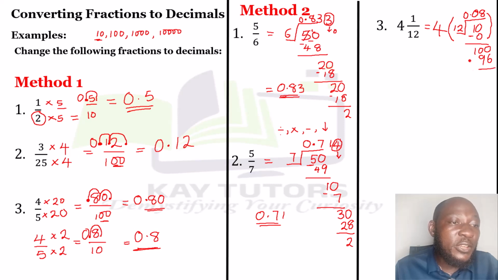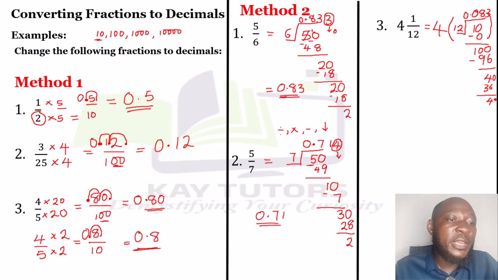After subtracting, you will get 4. Now, 12 cannot go into 4. What am I expected to do? I'm expected to add a 0 here because I already have a point here. 12 into 40 is what? It is 3. 3 times 12 is 36. Again, I'll subtract, 40 take away 36 is 4.